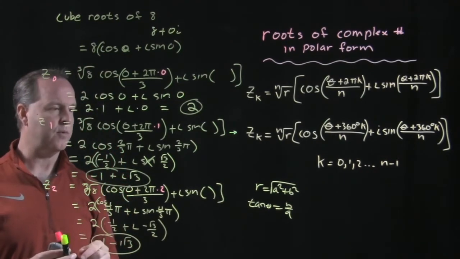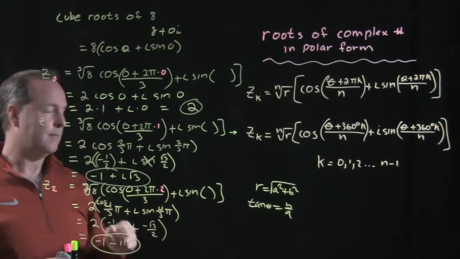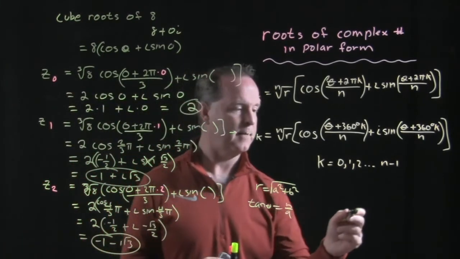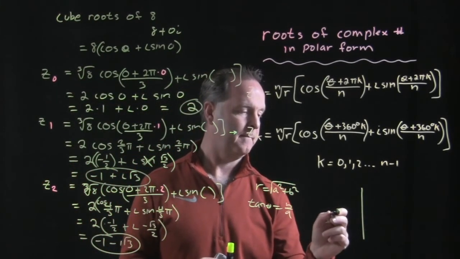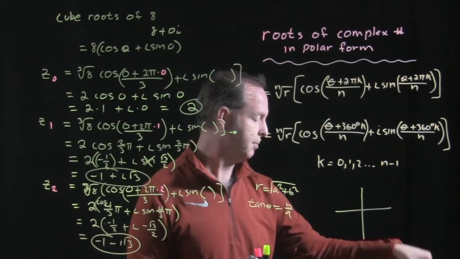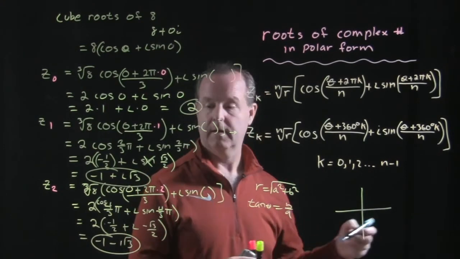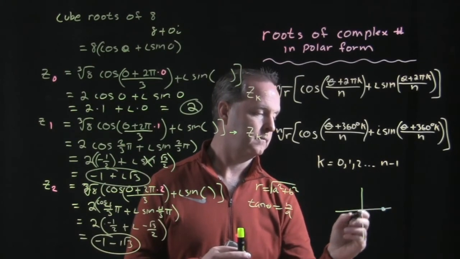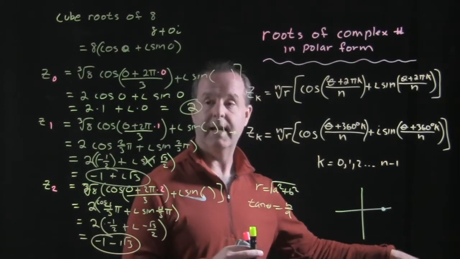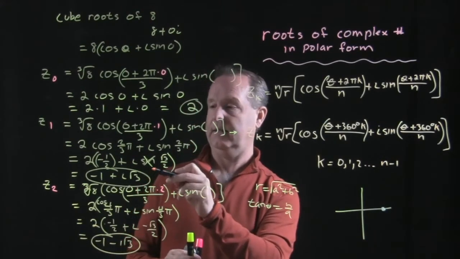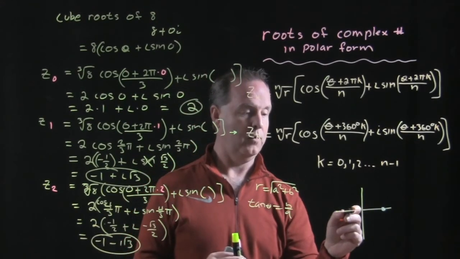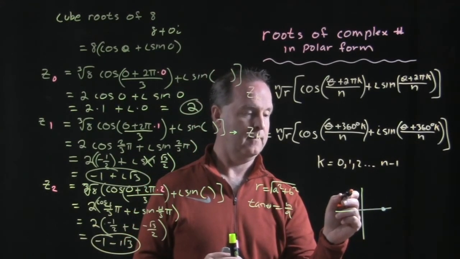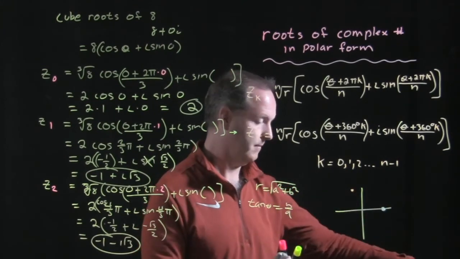And then graphically, let's see what those look like. There's my complex plane. The first one's over here at 2. The next one is over at -1 plus i√3, up on the 2-unit circle.